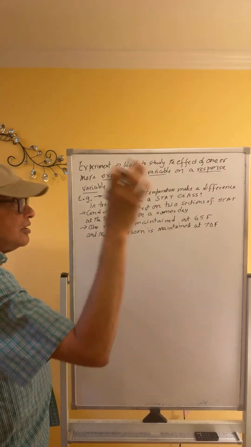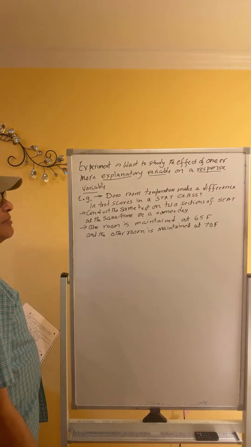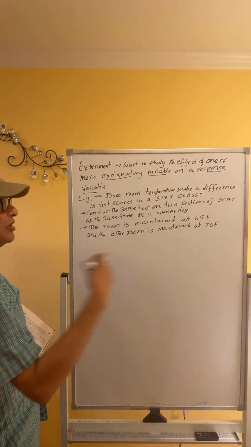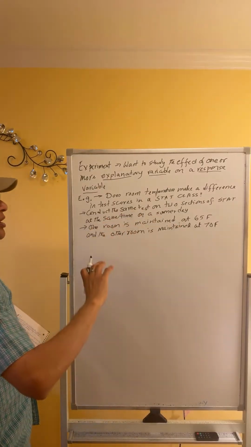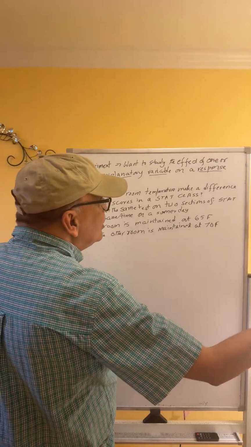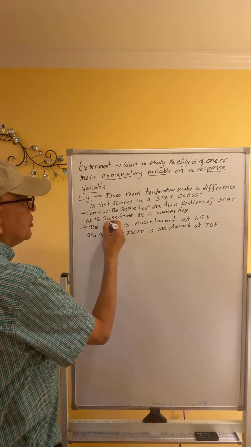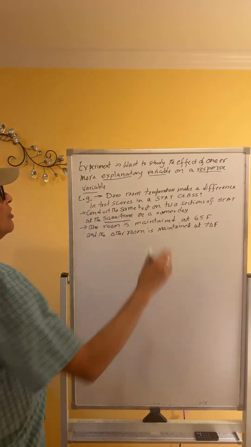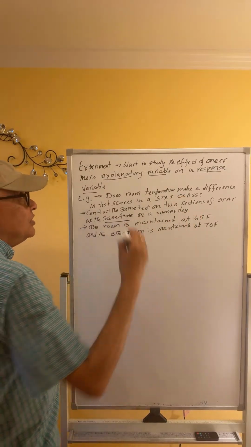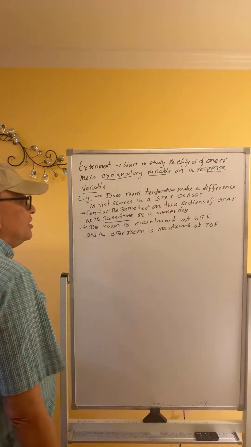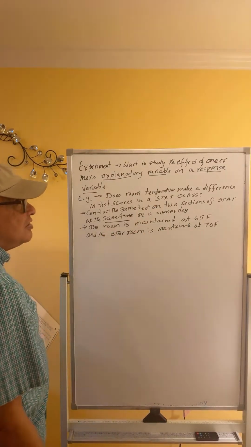Same test conducted in the same stat class, two different sections, at one and the same time of the day, say 10 a.m. in the morning. Same time, this is important. One of the rooms is kept at 65°F, this is a hot summer day, and the other room is at 70F.